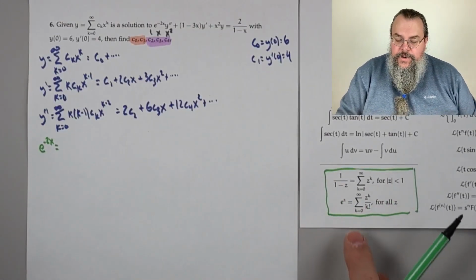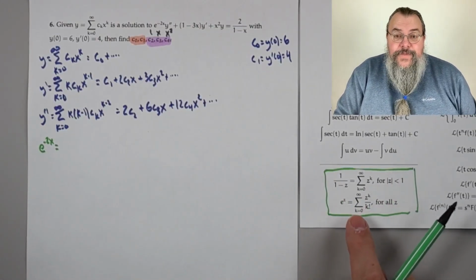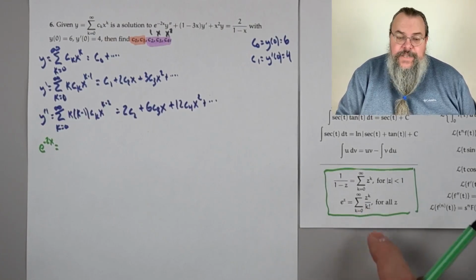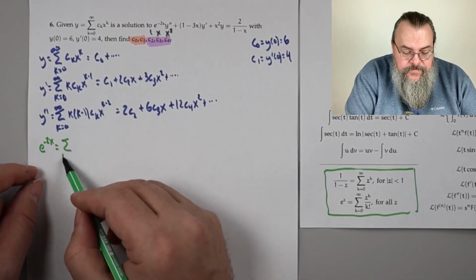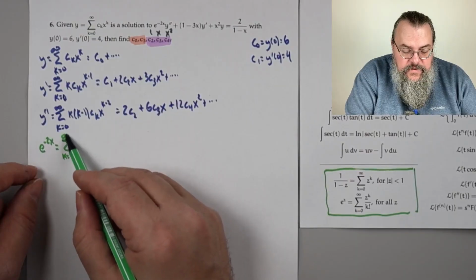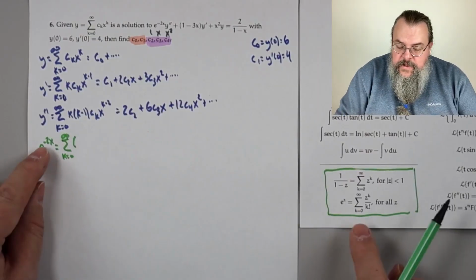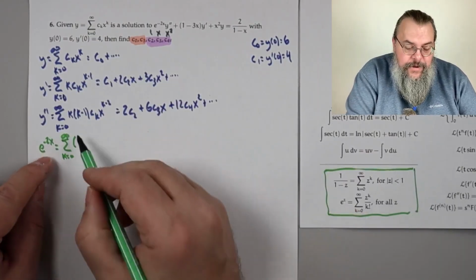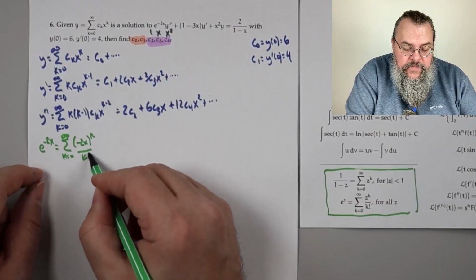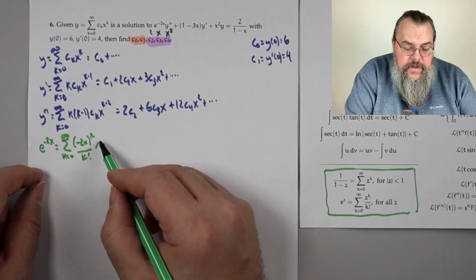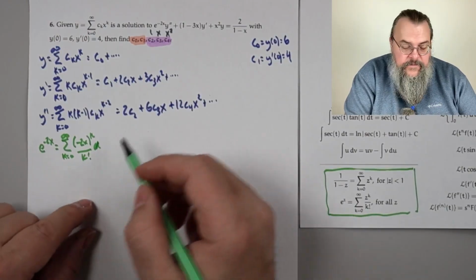So we say, oh, e to the z is the sum of z to the k over k factorial. So in our case, it's the sum, k equals 0 to infinity of, so z is minus 2x, minus 2x to the power k over k factorial.